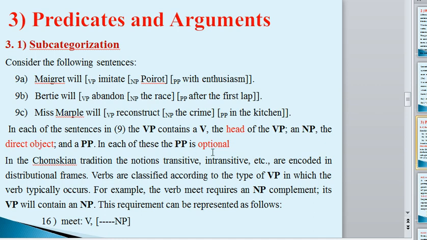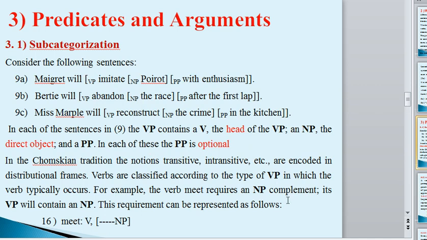But we can omit the prepositional phrase in these three sentences because they are additional information, without any problem. So this is the relationship between the verb and its argument.